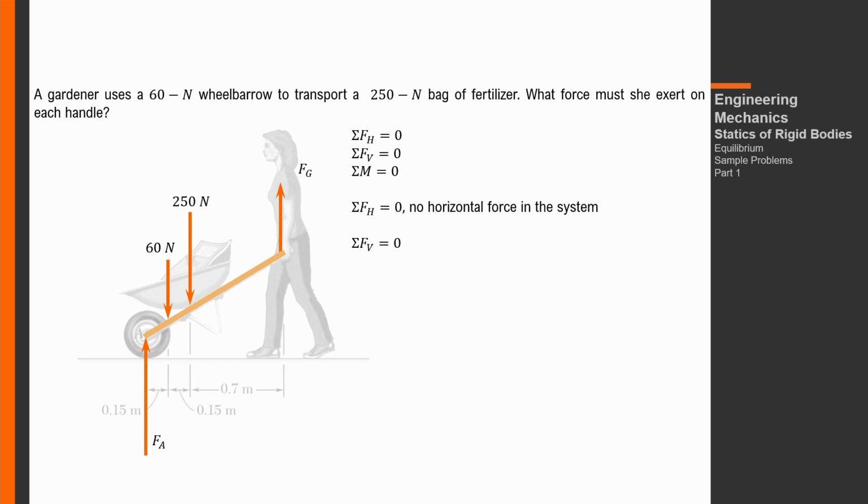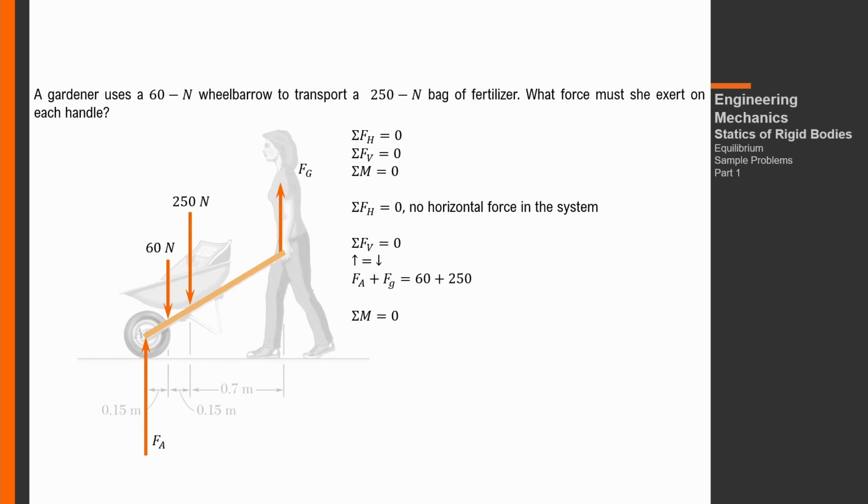So vertical forces yung given tsaka yung unknowns. Therefore, upward forces is equals downward forces. So yung upward forces, so F sub A tsaka yung F sub G is equal to 60 plus 250. So, hindi pa natin makukuha yung required na force exerted ng gardener dahil wala tayong reaction dun sa A.